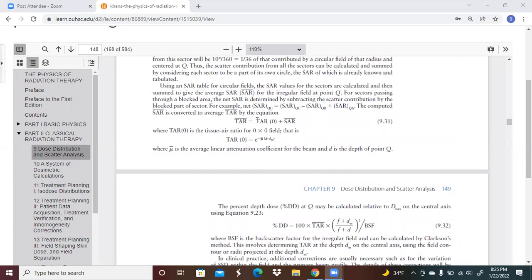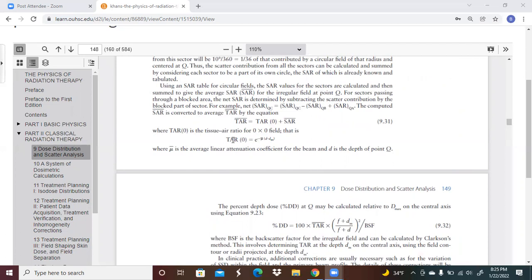But once we figure out what this average scatter error ratio is, we can determine what an average TAR is through this particular formula. Again, we've got the TAR of the primary beam plus the average of the scatters that come in through all of the different angles.